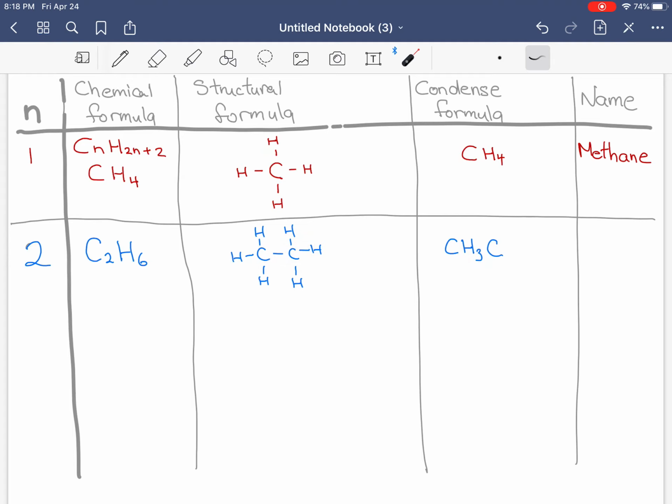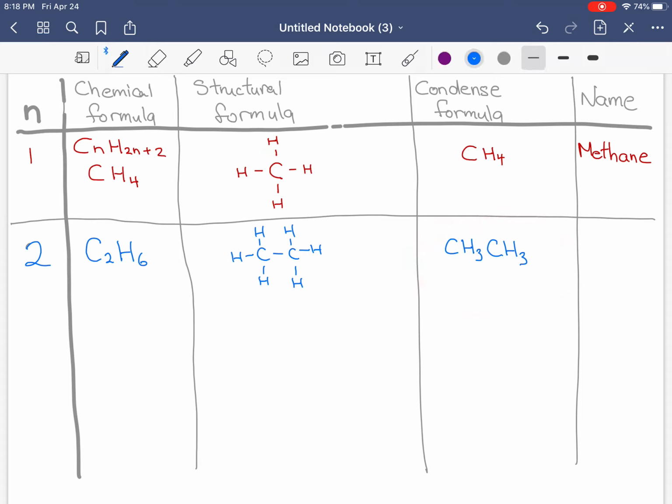And how many hydrogens are bonded to this C? Again, there's 3 of them. So condensed formula is about the carbon that you're looking at and how many hydrogens, or whatever it may be, are bonded to that carbon. Don't worry, you will get used to looking at these. And trust me, after 2 weeks of nomenclature, this becomes second nature.